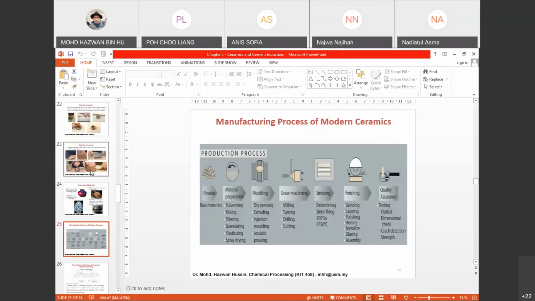After that, the molded ceramics undergo machining processes, depending on the case, like turning, drilling, cutting, and after that the curing using the sintering process. This is where the ceramics are put in the furnace or oven, and finally a finishing process where grinding, polishing, glazing, and others are taken into account.